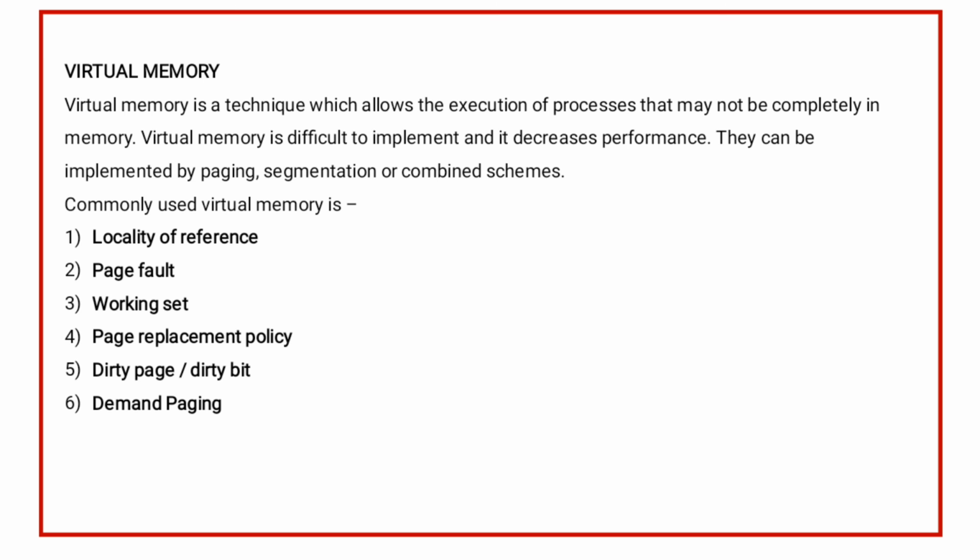The set of pages which are actively referred is called the working set. The next is page replacement policy. As the number of processes and the number of pages in main memory increases, all page frames may get occupied. At this time, if a new page is to be brought in, the operating system has to overwrite some existing page in memory. The page chosen is selected by the page replacement policy.